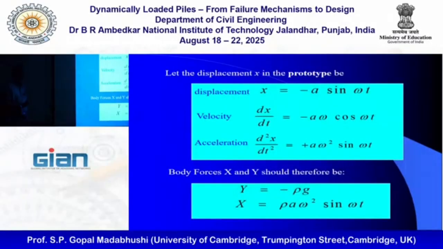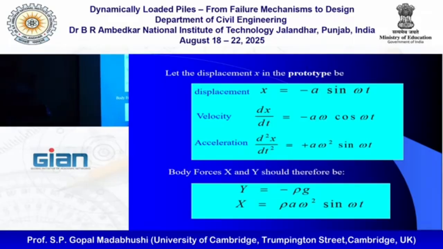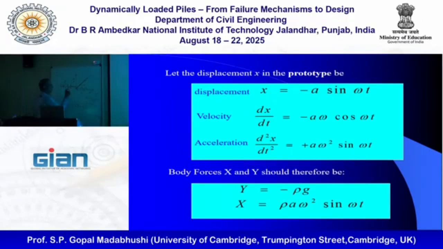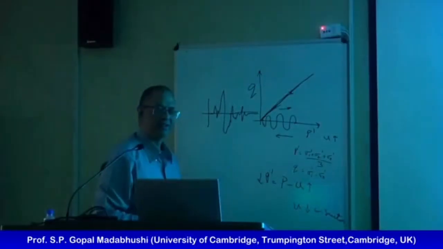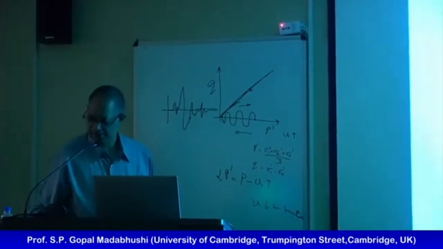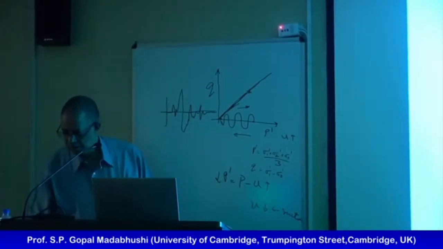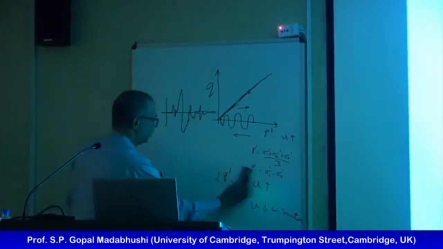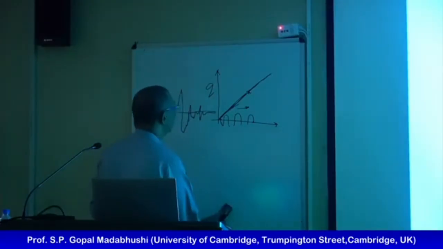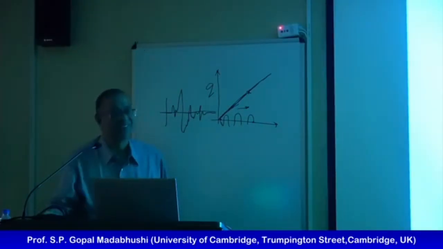Now, let's keep this quite simple. A real earthquake will normally be something like some multi-frequency oscillation like that. Let's get rid of all that complication. You guys can still see this?